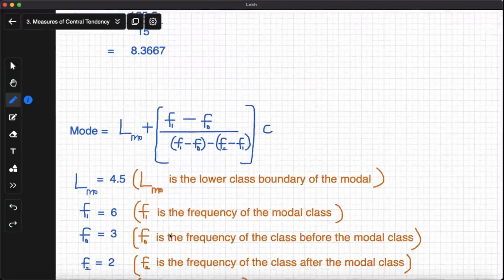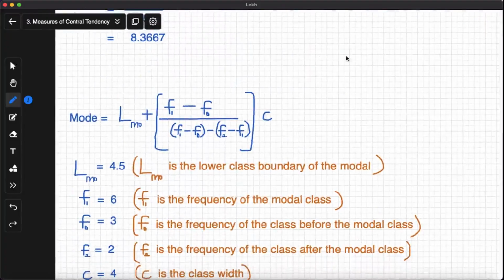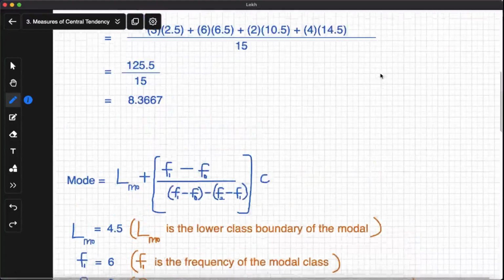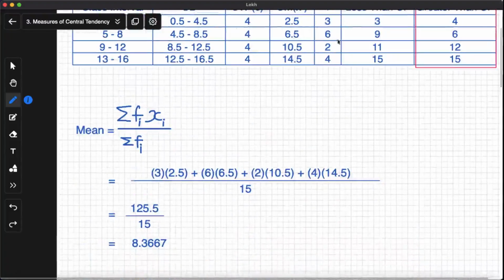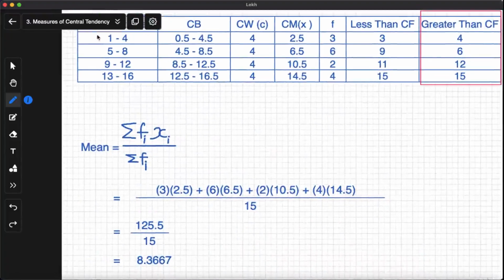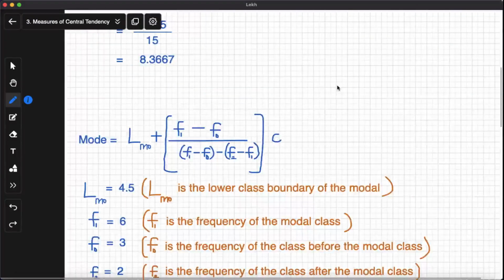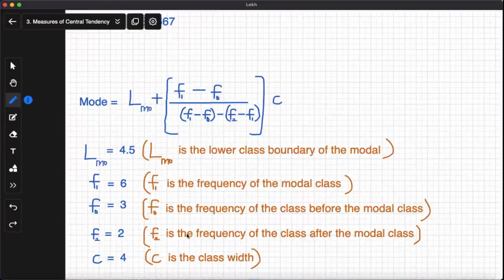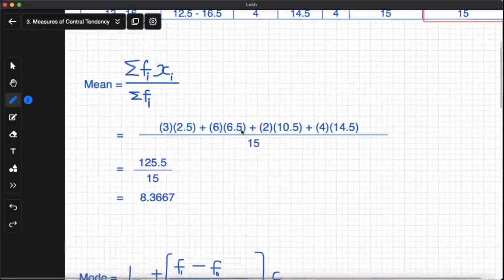And what is the frequency of the class before the modal class? That is 3. You can see that here. This is the class before that class, and the frequency is 3. Now you go on again. So your F2 is the frequency of the class after the modal class. What's the frequency of the class after the modal class? You have it to be 2.